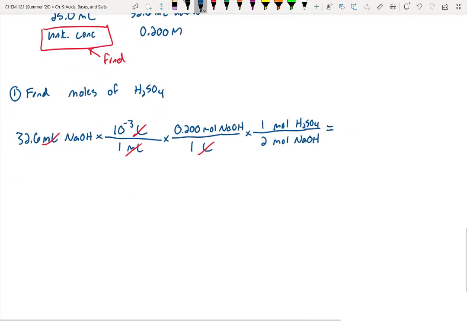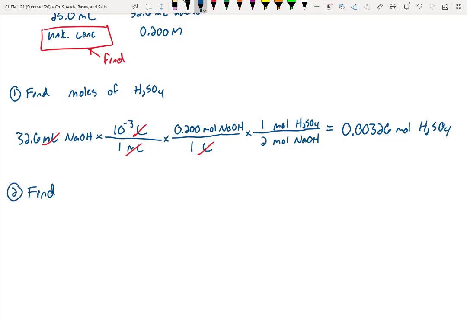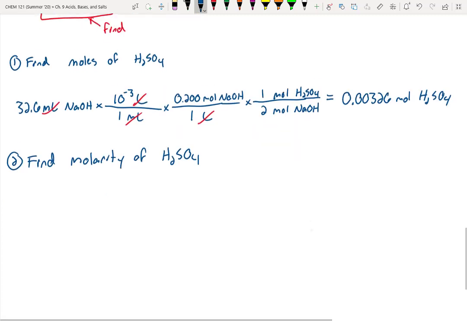Okay, so I went ahead and checked this on my calculator, and I'm getting 0.00326 moles of H2SO4. All right, now part 2 would be find the molarity of H2SO4 for this unknown acid solution, right?